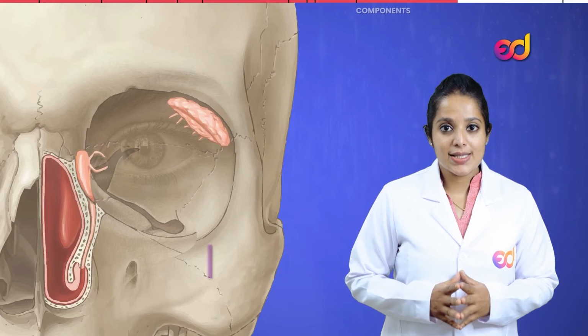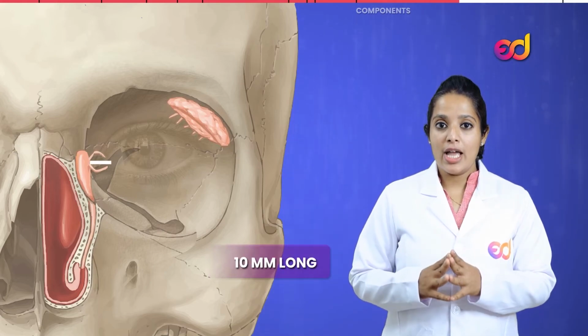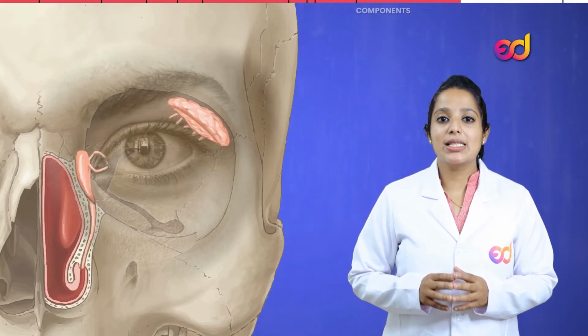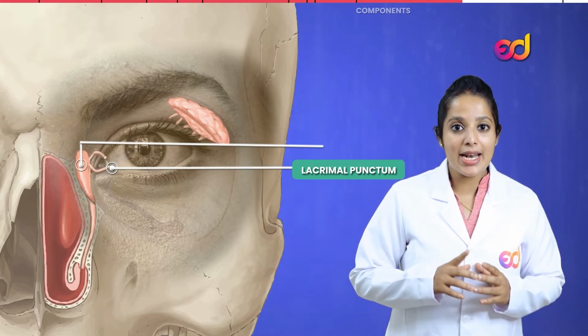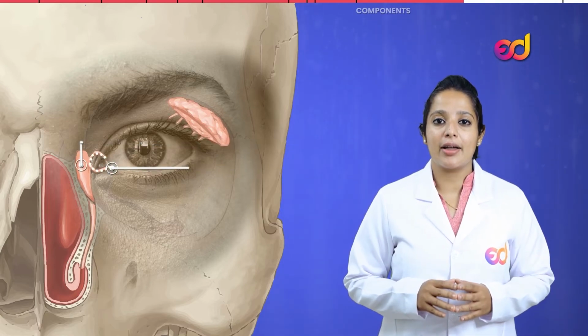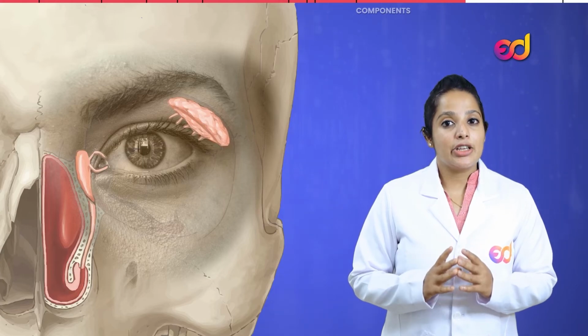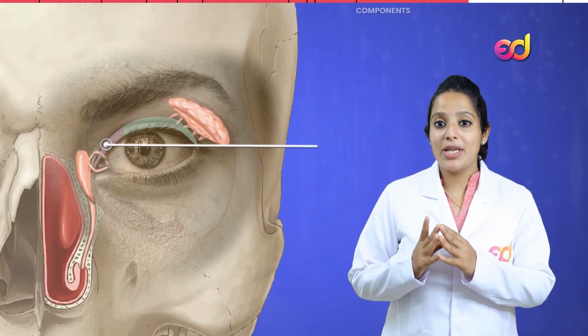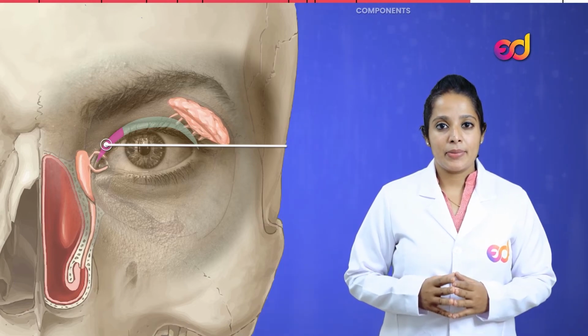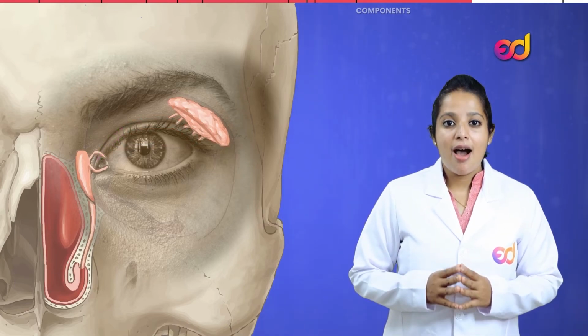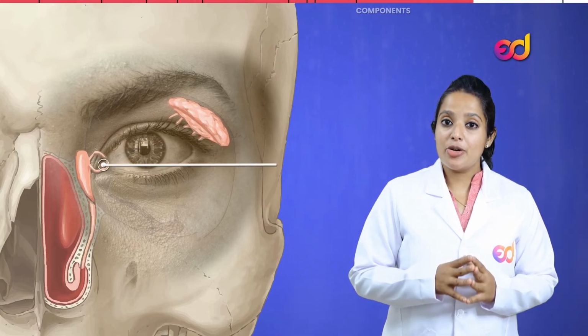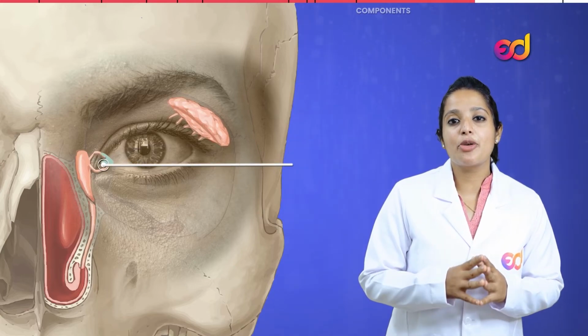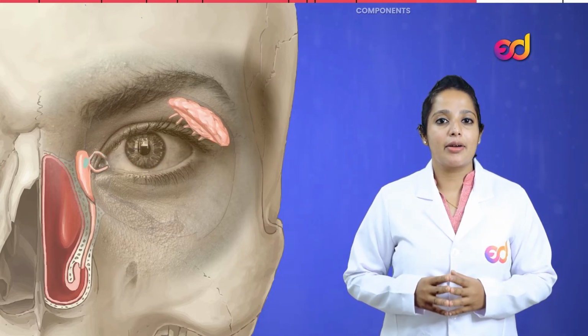Each canaliculus is about 10 millimeters long and is a narrow tube that begins at the lacrimal punctum and ends by joining the lacrimal sac. The superior canaliculus begins at the lacrimal punctum, which is located at the medial end of the upper eyelid. These canaliculi are the tubes that carry lacrimal fluid from the lacus lacrimalis to the lacrimal sac.